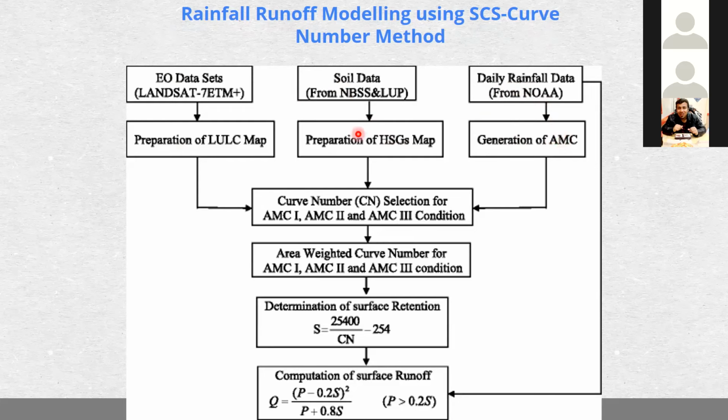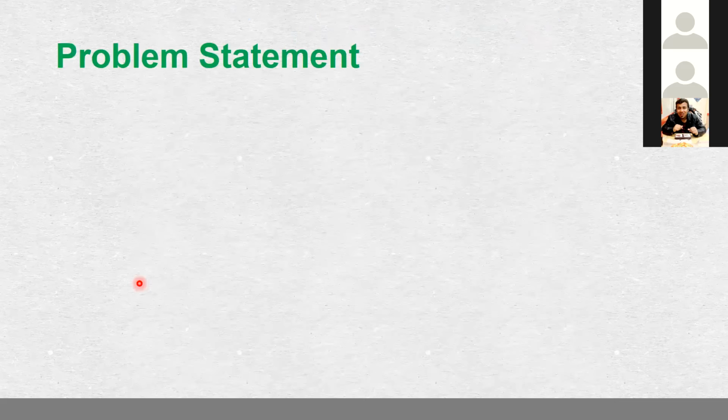And by combining all of these 3 datasets, that is LULC, HSG map, and AMC, we get the curve number for different AMC conditions. Then we will get the weightage of that particular AMC, and after that we calculate the S, which depends on the CN, and ultimately we get the Q, that is the rainfall runoff for a particular watershed or particular area.